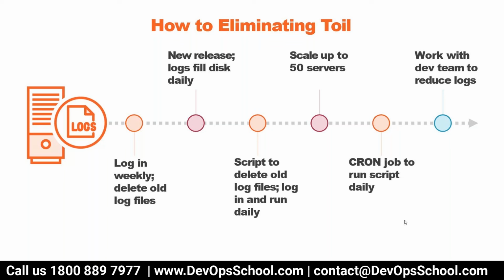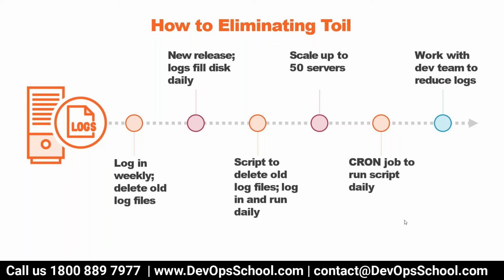So here you see there is one piece of work, the log storage issue. You can do that, and at the same time a script can also do that, right? Then you decided to work with certain automation and implemented it.